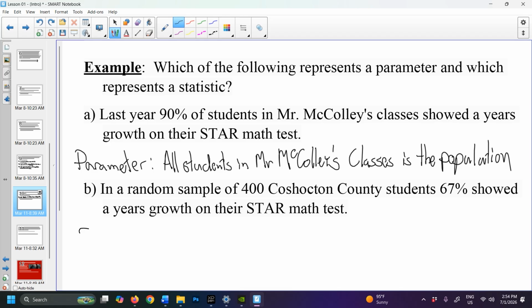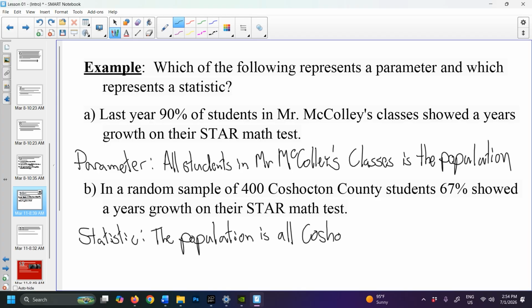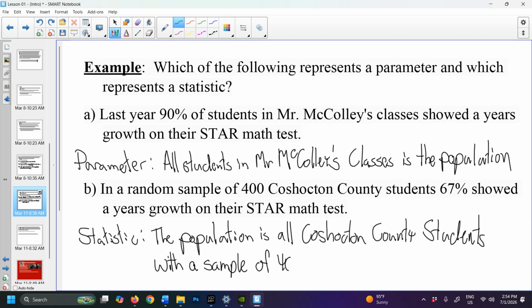And this is a statistic because the population is all Coshocton County students with a sample of 400 students.